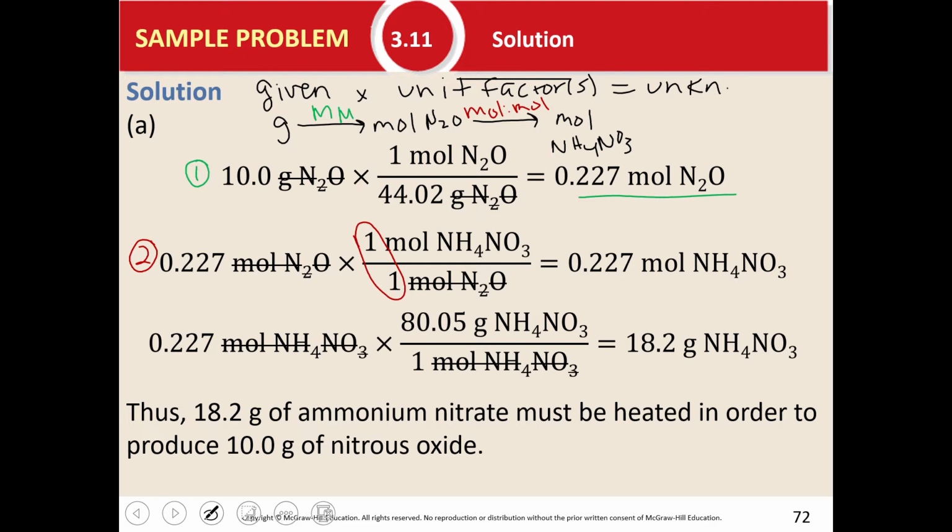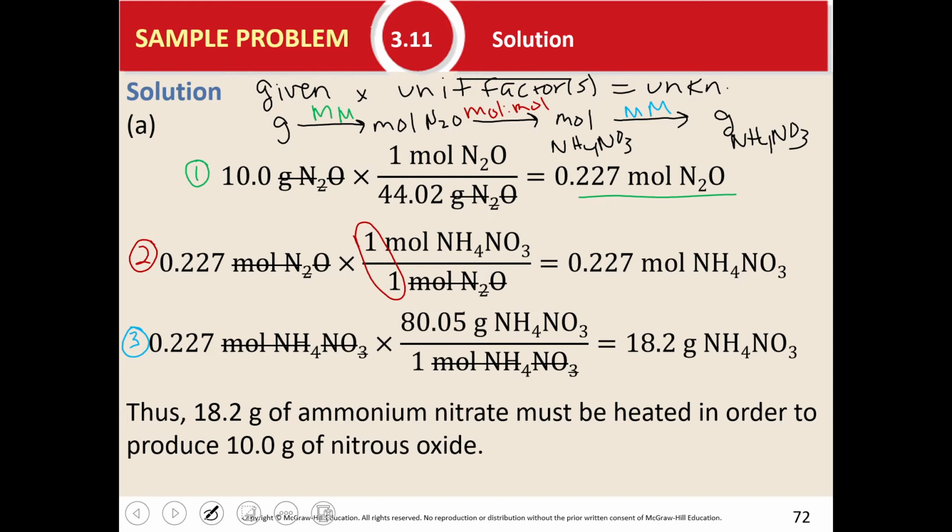Our third step is to take those moles of ammonium nitrate and convert it to grams of ammonium nitrate. And we're going to do that with the molar mass.